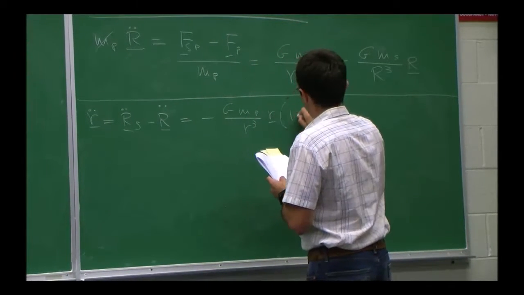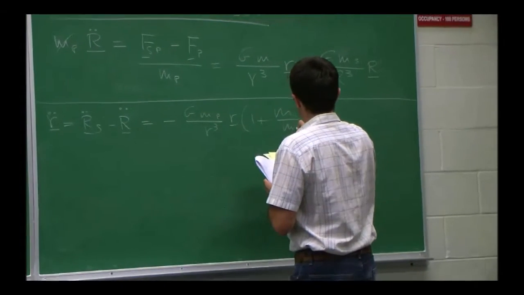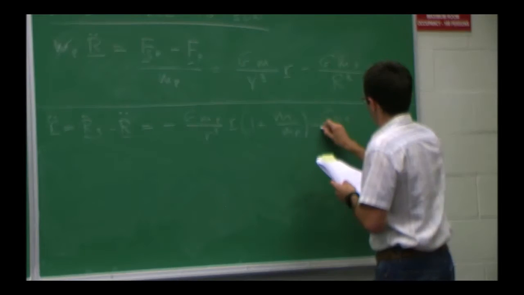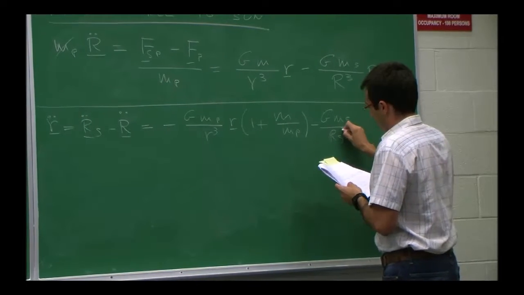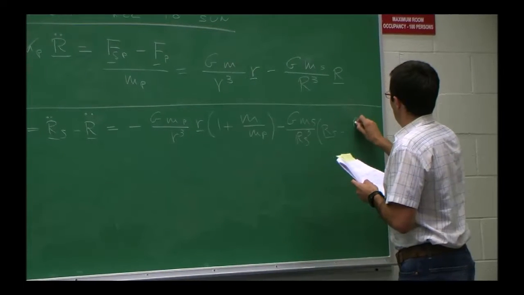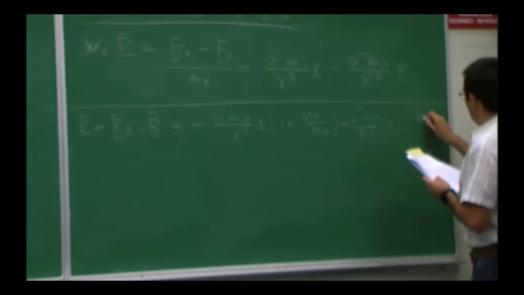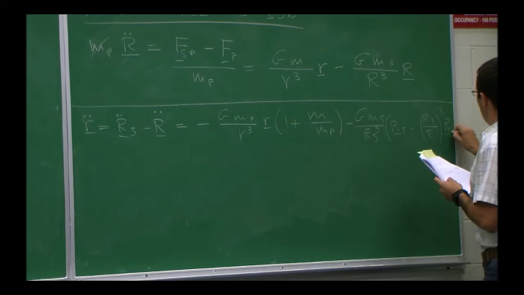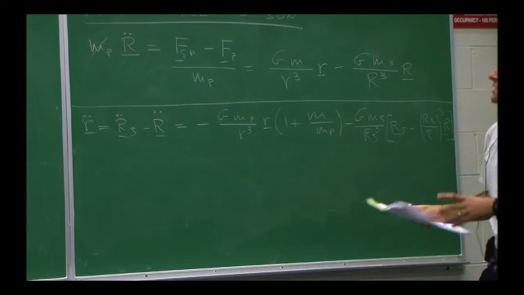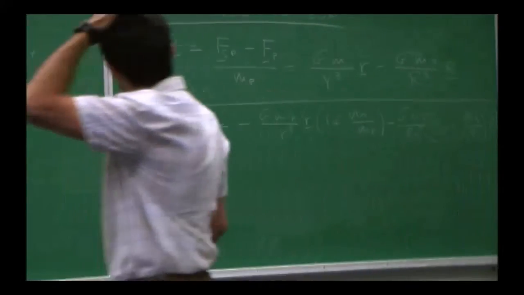I'm just going to show why it looks like this in a second. Cubed, rs minus rs over r cubed r vector. This is actually a square bracket. So I'm just taking those two and subtracting them.